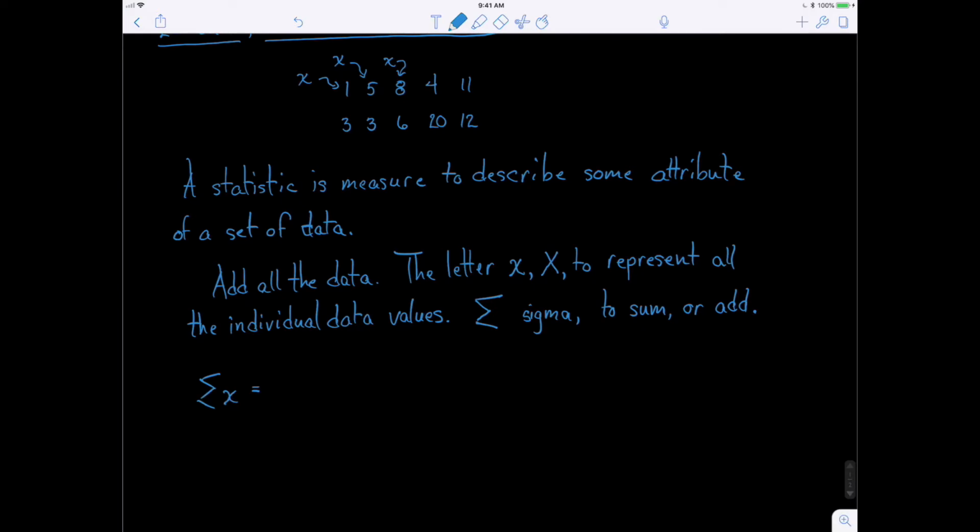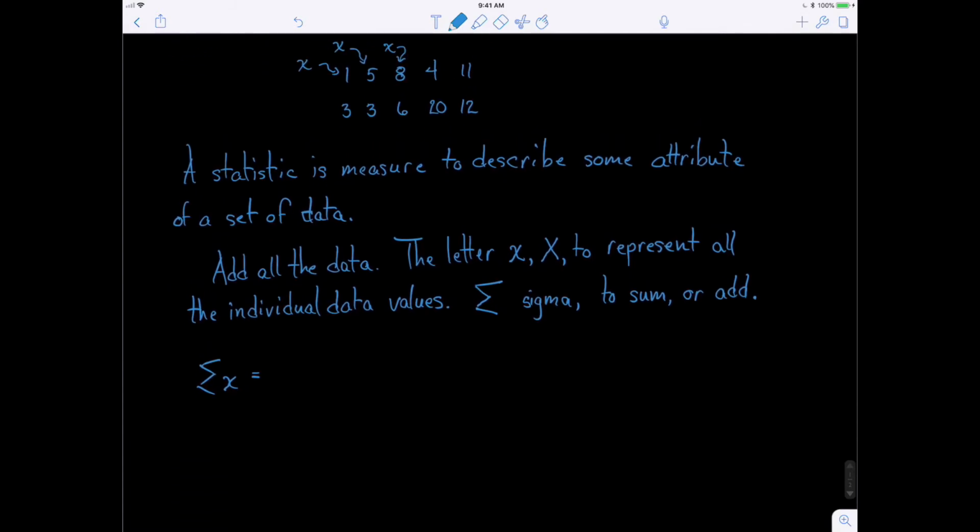What that means is we consider each individual value: the 1 plus the 5 plus the 8 up above plus the 4 plus the 11 plus the 3 plus another 3 plus a 6 plus a 20 plus 12. If you add all those values, they sum to 73.